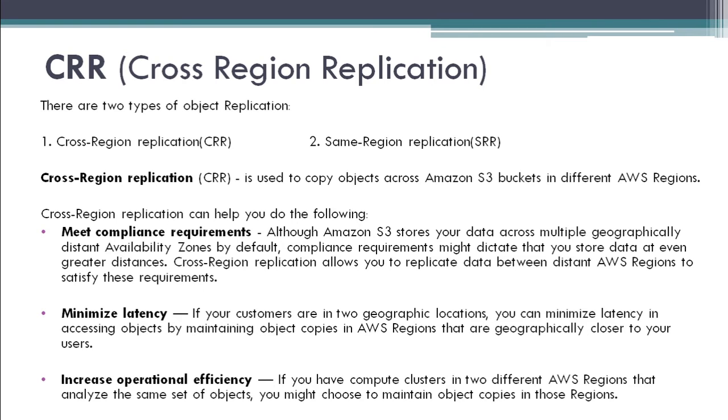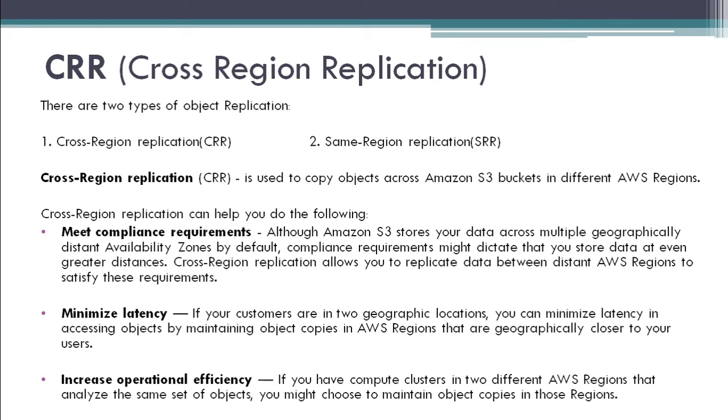Increase operational efficiency. If you have compute clusters in different AWS regions that analyze the same set of objects, you might choose to maintain object copies in those regions. Suppose you have two different compute clusters in different AWS regions that use the same data.